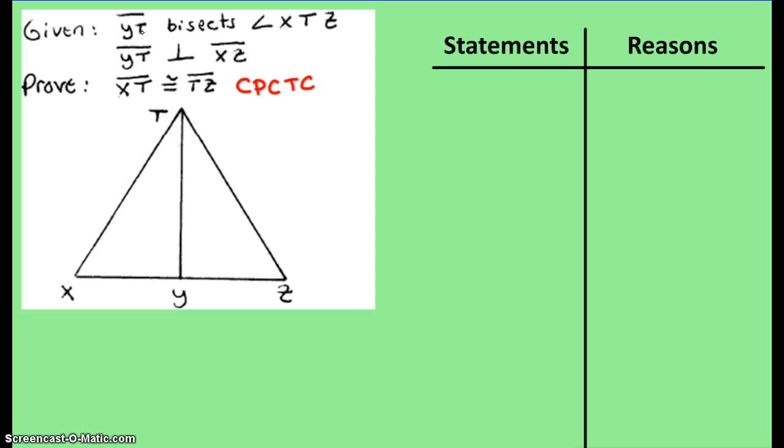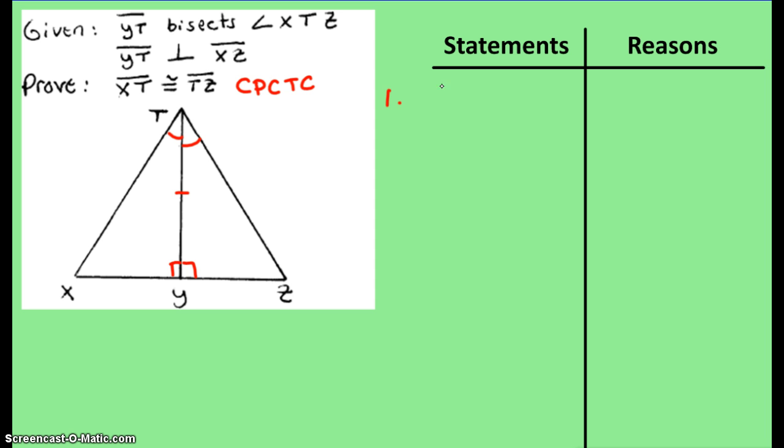It says YT bisects XTZ. So XTZ is being bisected by YT. That means this angle and this angle are the same measure. It also says that YT is perpendicular to XZ, so these 2 angles are right angles. And we also know that this side, YT, is shared by both triangles.